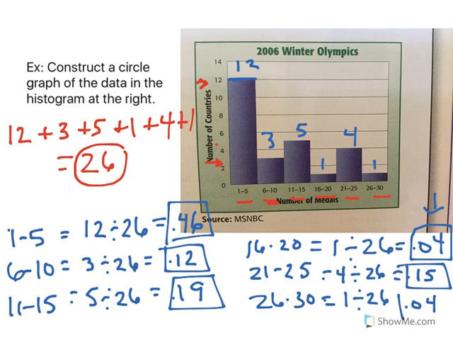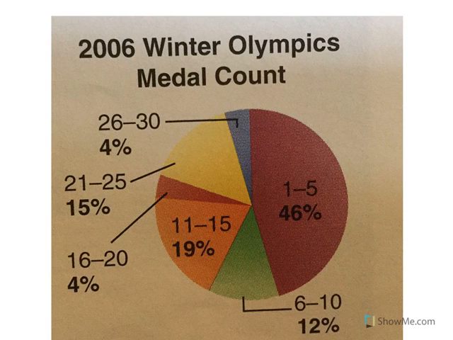Okay, so now I have my percentages of my graph, I just turned my decimals into percentages. And now, just like we talked about, we're going to easily make it into a circle graph. Again, we'll talk about this more in class, how to create circle graphs, but this should be the outcome. Again, you're going to draw your circle using your compass.